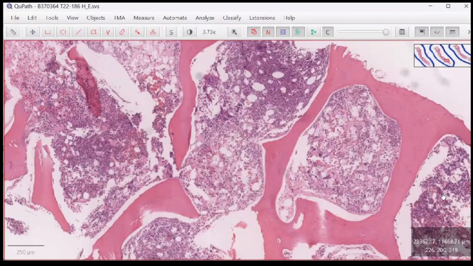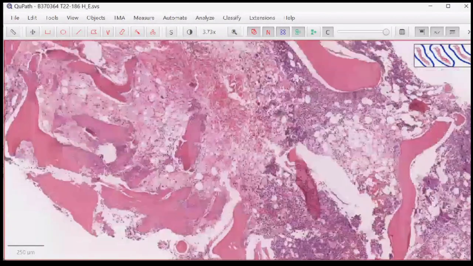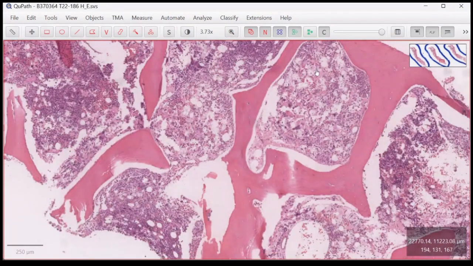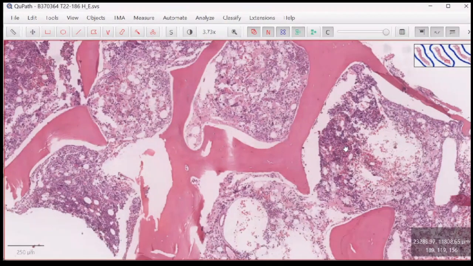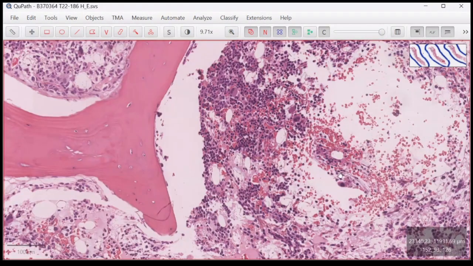So here we have two components. You have patchy areas of residual post-chemo changes, and also regenerating marrow here. Some of these hypercellular areas are composed of erythroid colonies, together with megakaryocytes already present.